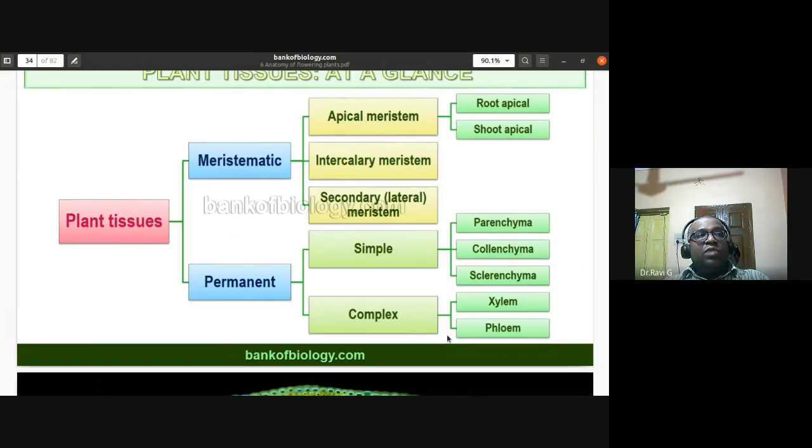The only dead component in phloem tissue is the phloem fibers. The only living component in xylem is the xylem parenchyma. This might also be asked, so you should be aware of it. This is the flow chart for the classification and subclassification of plant tissues.